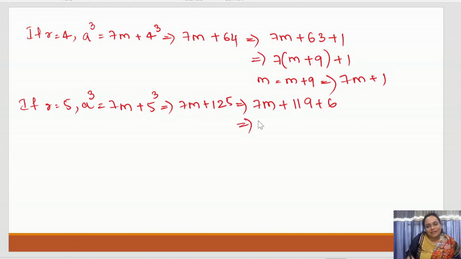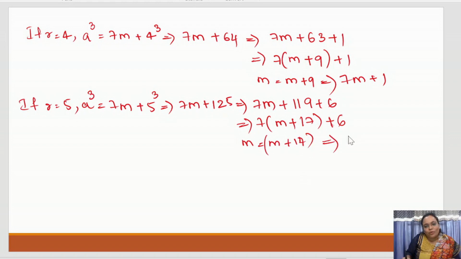So if you take 7 common here, this will be m plus 17, plus 6. So you can take m plus 17 as m. So this is in the form of 7m plus 6.